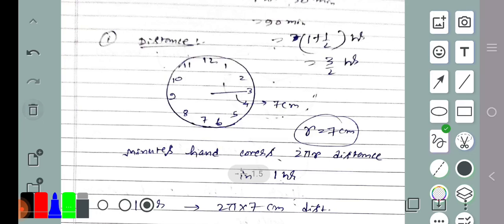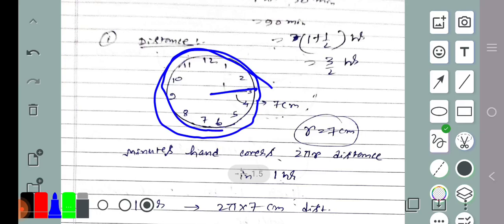After 1 hour, again the position of the minute hand will be 4:15, means here only, at the same position. That means in 1 hour, an object is covering a full revolution.